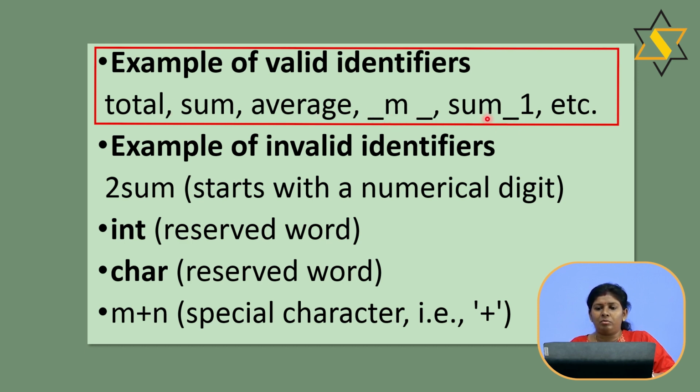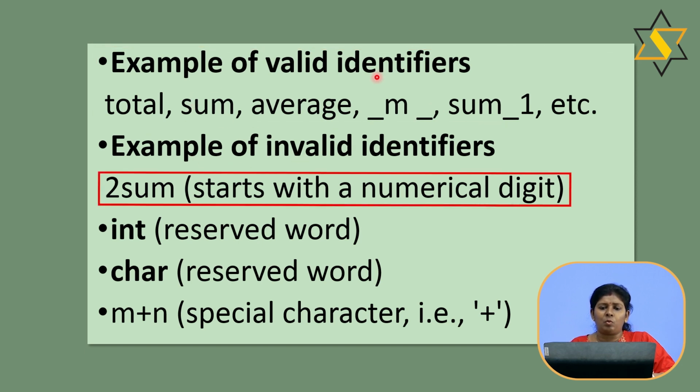Here there is no digit at the start. Always the alphabet should come first, or an underscore. This is a valid identifier, and this comes under invalid identifier.